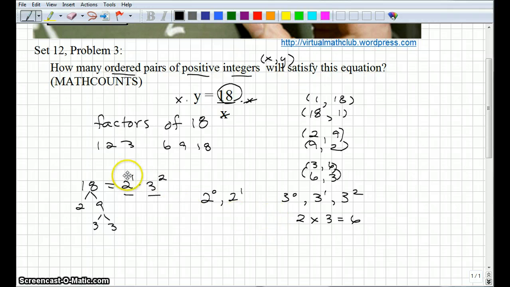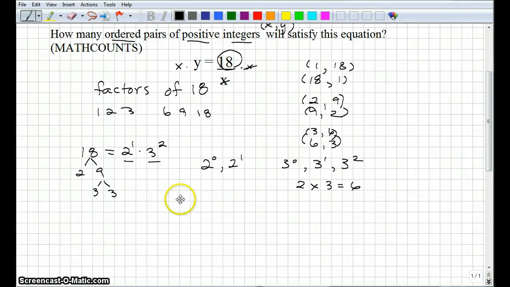So that's a quicker way of counting factors. It's the exponent on each of the prime numbers in the prime factorization plus 1, and then multiplied by each other. We can look at that in a little more detail if we list it out. If we're trying to make factors of 18, let's start by choosing the powers of 2. We can choose either 0 or 1.